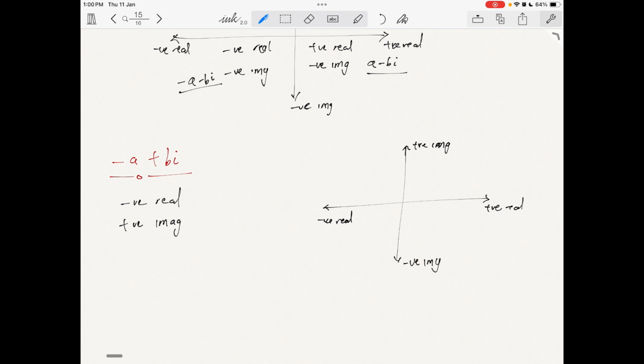So in that case, what we are looking at is here minus a and here b. So we have our Argand diagram, z or r as the case may be, and this will be our angle theta.